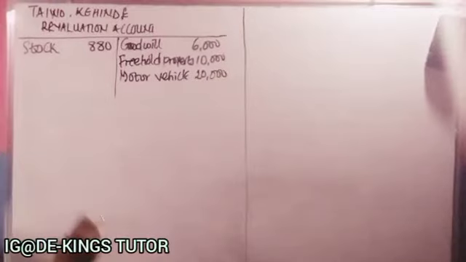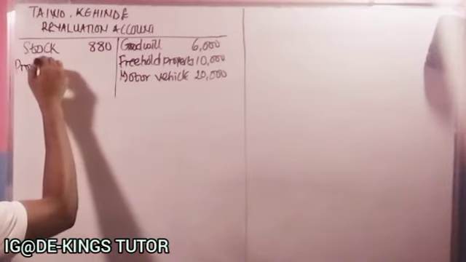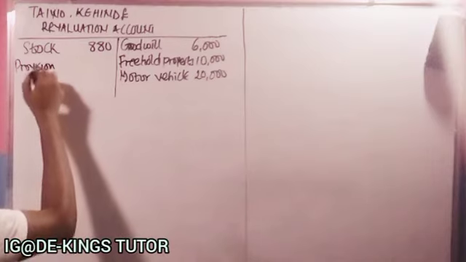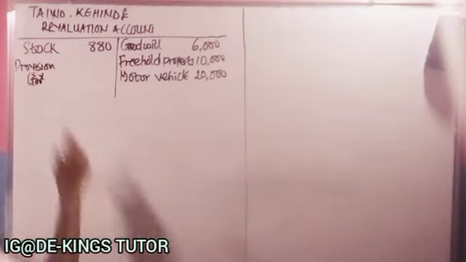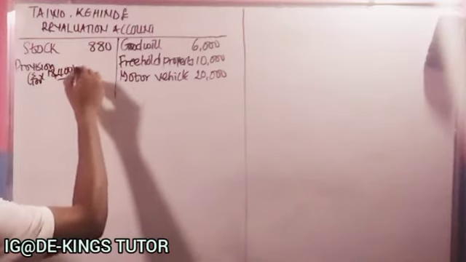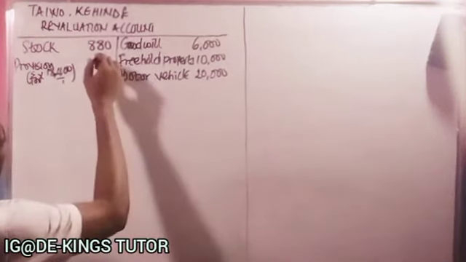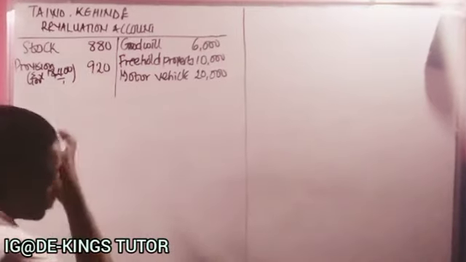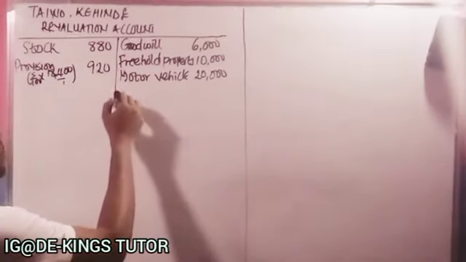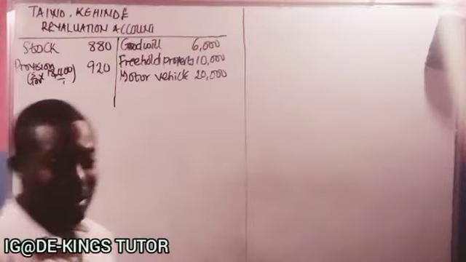So 5% on 18,400 will give us 920. Okay, so that is the provision. So let's check if there's any other item. There is none. Okay, so that is that.